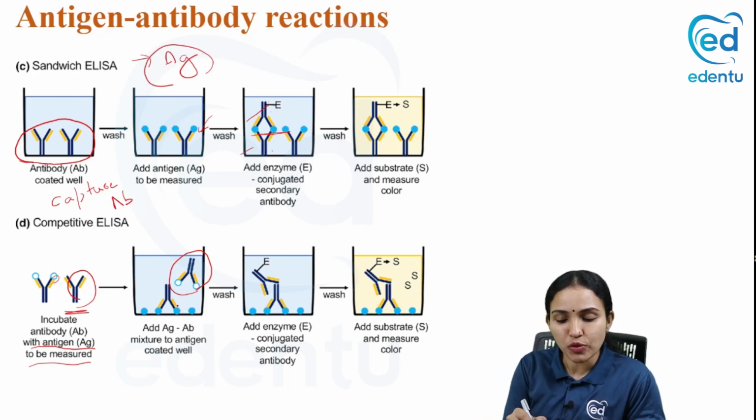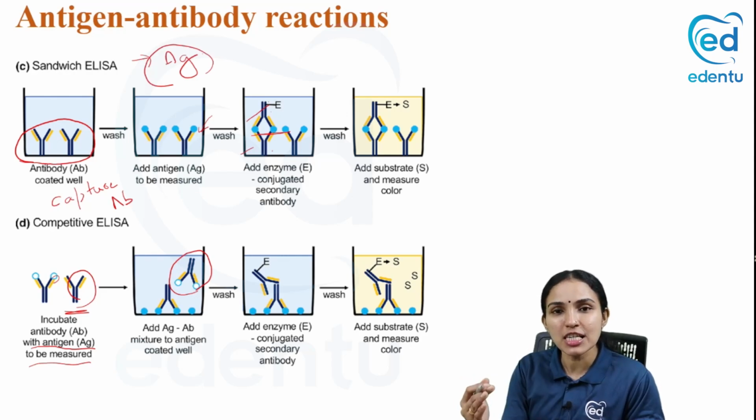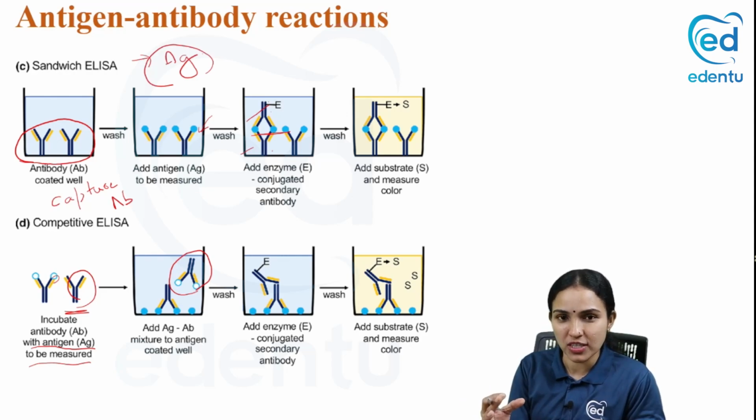So very few antibodies would have been available for binding to this ELISA plate. Right, so if the patient's serum contains more antigen, your ELISA reaction may be either negative or it will be a very weak color. The color will be very less. If the color intensity is more, that indicates more free antibodies were available. That means the patient's serum doesn't contain much antigen.